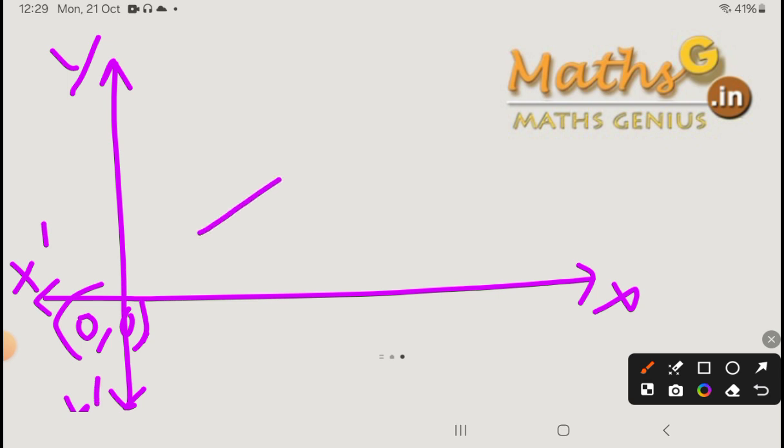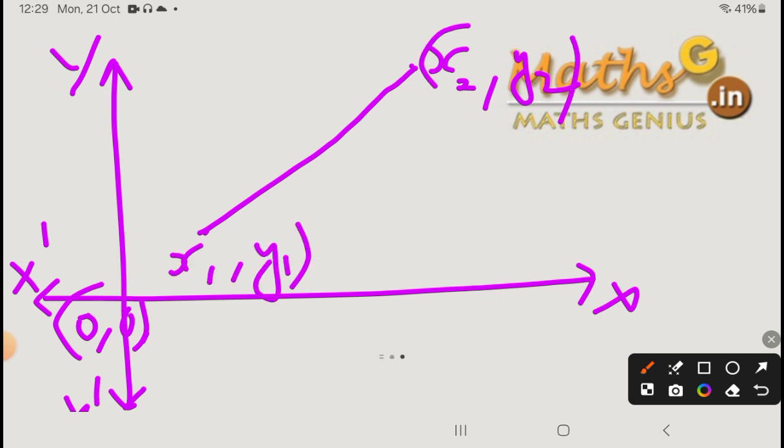Now there is a particular line over here. Let's say the endpoints of it have the coordinates x2, y2 on the farther side and x1 and y1 on the closer and nearer side. So these are the two endpoints. Let's say there is another point over here, let's say P, which is dividing this line in the ratio, let's say m1 and m2.